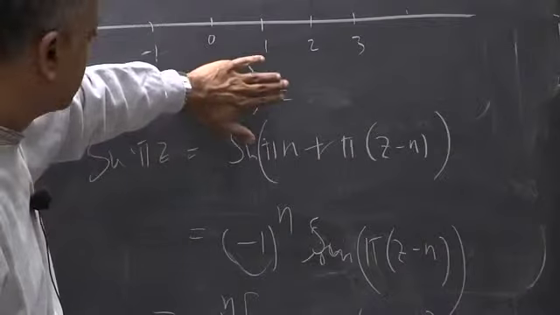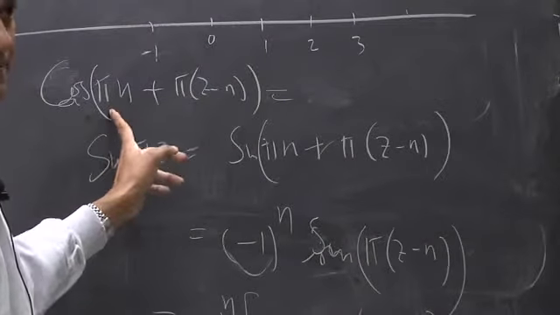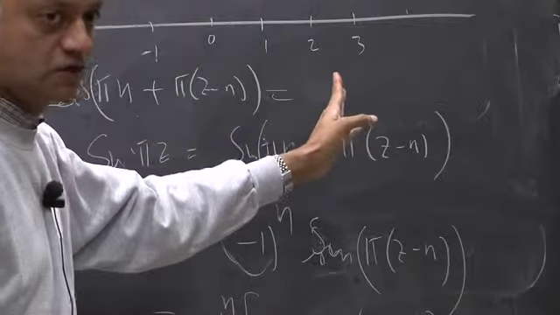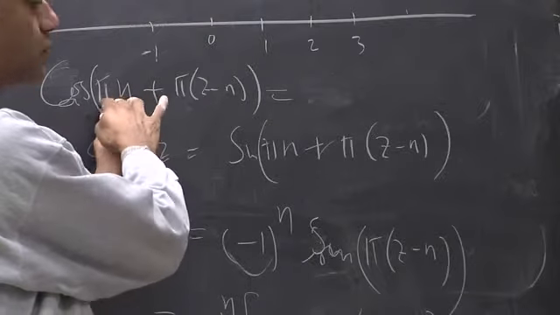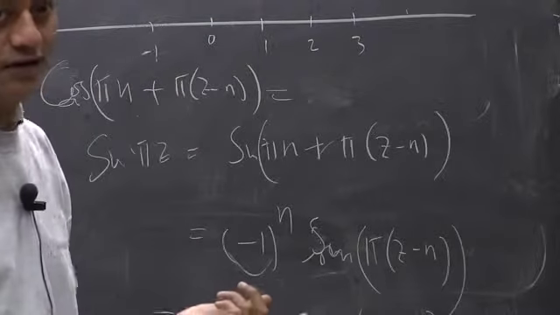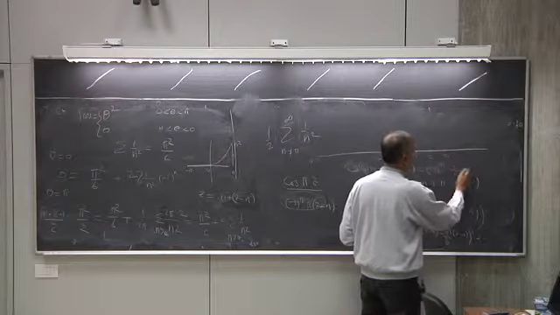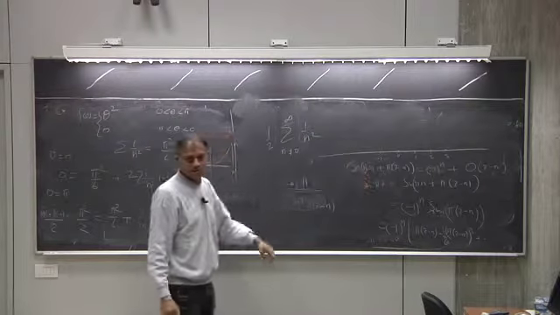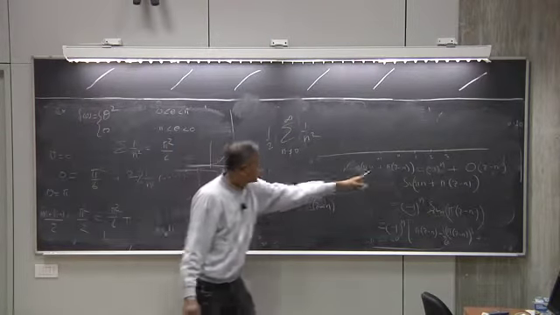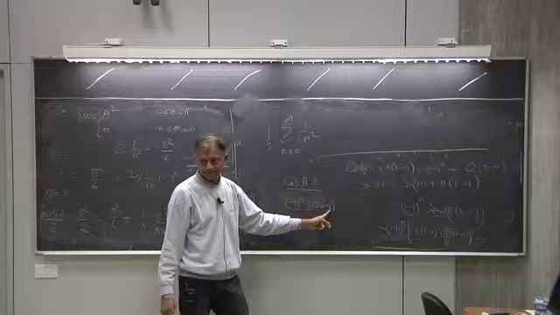Suppose z was exactly equal to n, then you just get cosine of pi n. So when you make a Taylor expansion of this object, the first term will be simply cosine of pi n, which is minus 1 to the n. So this gives you minus 1 to the n plus order (z minus n). The leading term is minus 1 to the n. So that minus 1 to the n cancels with this minus 1 to the n, and you just get pi over pi times (z minus n), right?